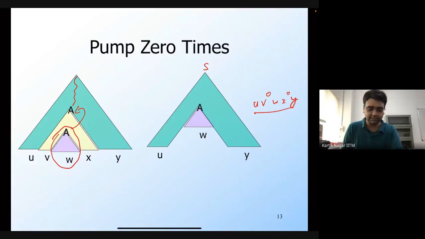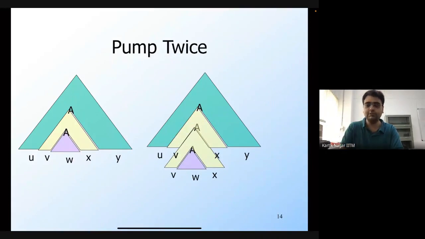I can substitute the higher A for the lower A. So that's what I'm doing here. In this derivation A to w, I basically again used this derivation A to vwx in place of the A to w derivation.